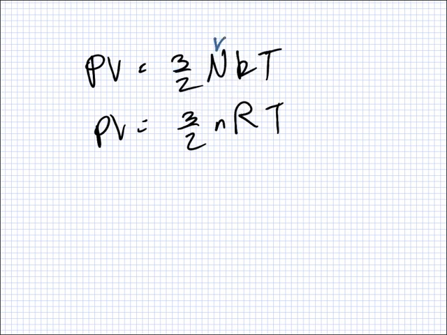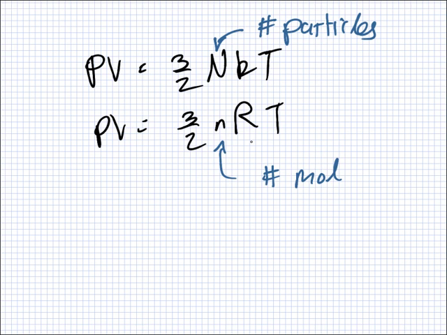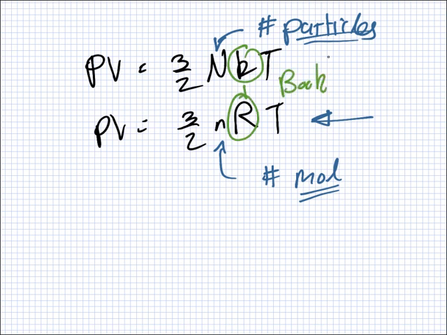Well, this one here is if you're using a number of particles, and this one here is if you're using number of moles. So you can use either. This is what you use in chemistry, right? Because you use moles. But if you use particles, then you use this formula. Don't worry, you can use this one too. That's fine. Also, this and this, they're both in the formula book, so it doesn't matter which one. Okay. Yeah.